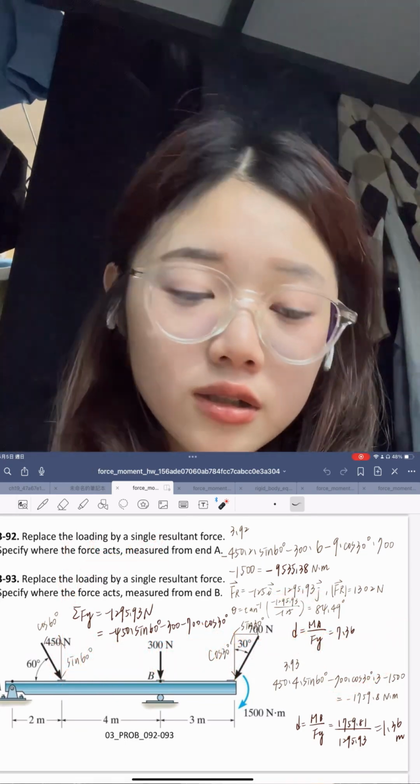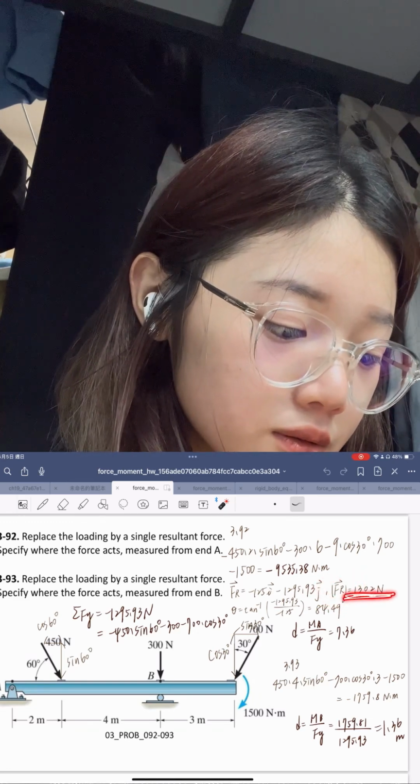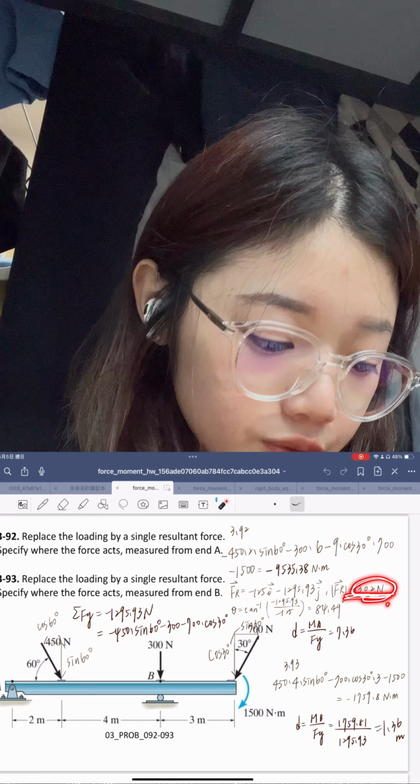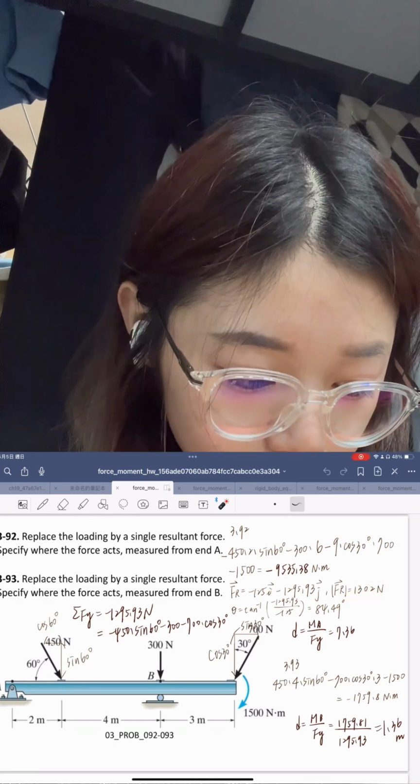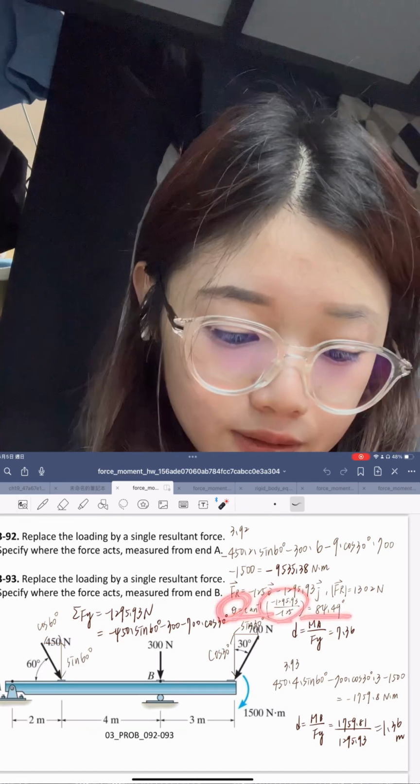And with the Cartesian vector our FR is 1302 Newtons, and we have to know the angle like this in the answers.